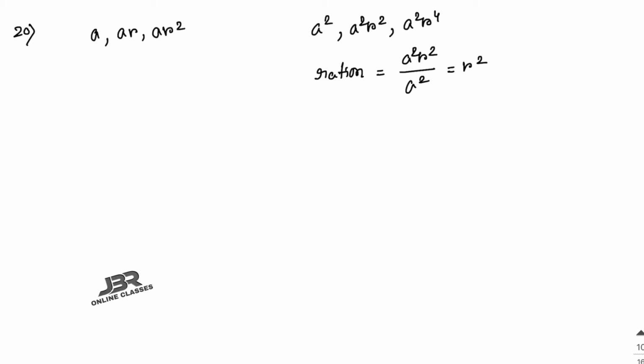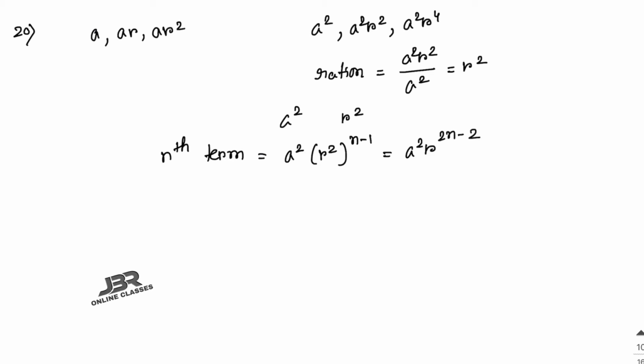So the required nth term equals A square times R square to the power n minus 1, that is A square R to the power 2n minus 2. That is your answer.